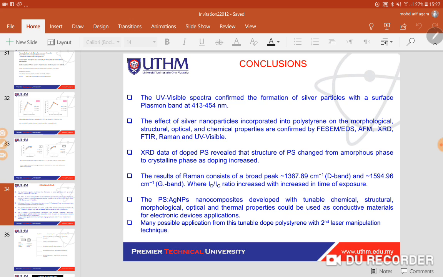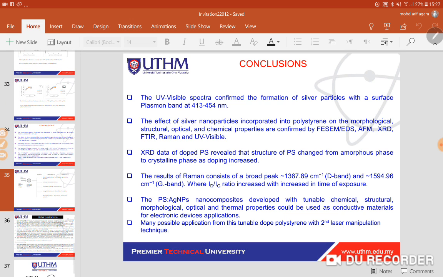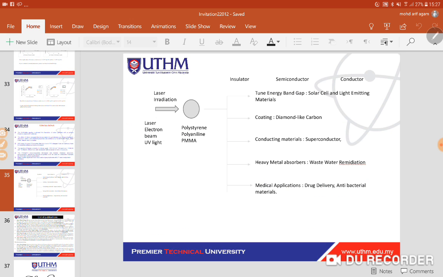Meaning that once we can tune these materials, it opens up so many possible applications. And then I would like to draw you to this image, where we are using laser irradiation. During my PhD, I used electron beam irradiation on polystyrene, and we are looking also into ultraviolet light. How does it change the polystyrene?